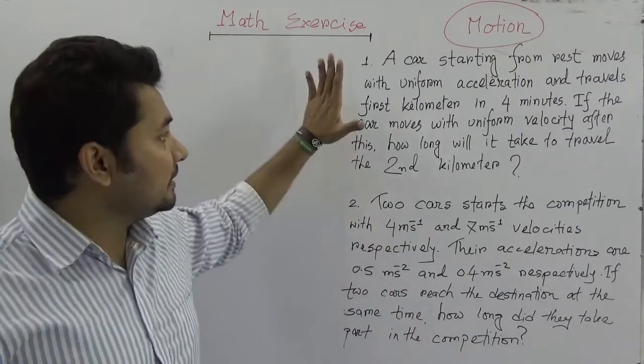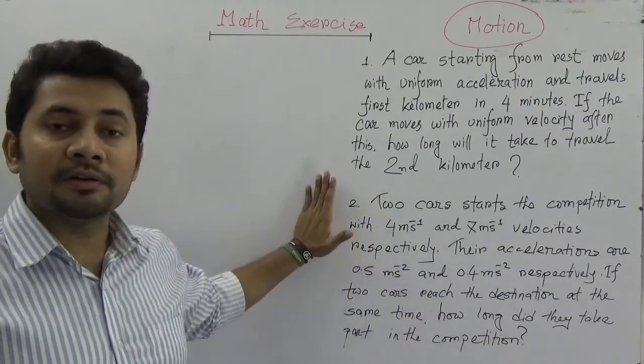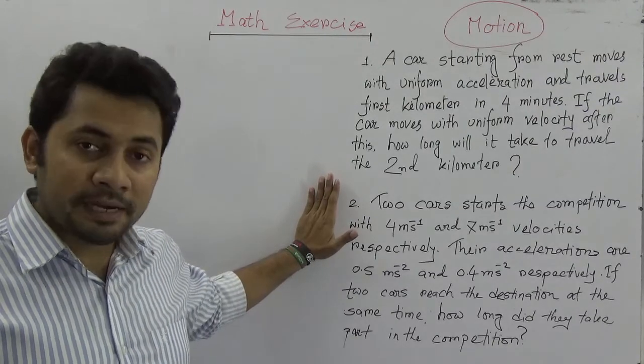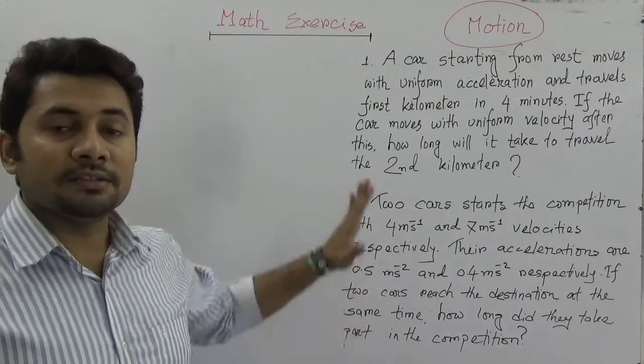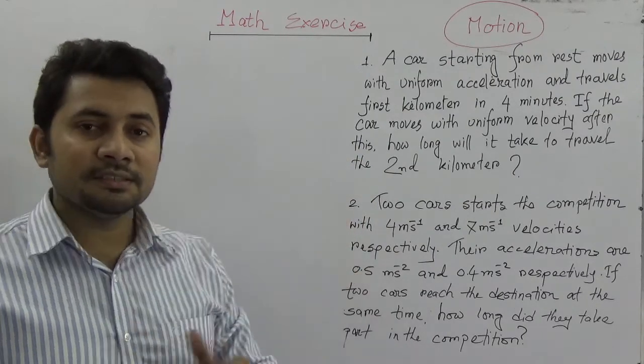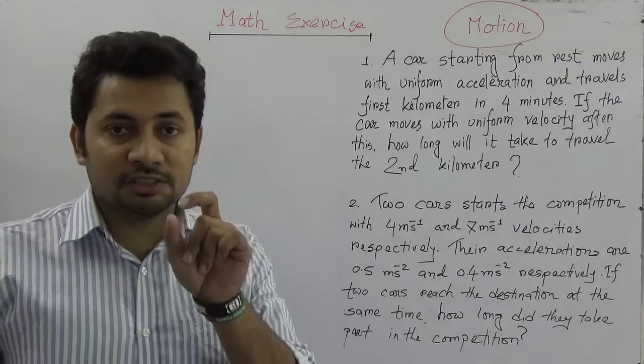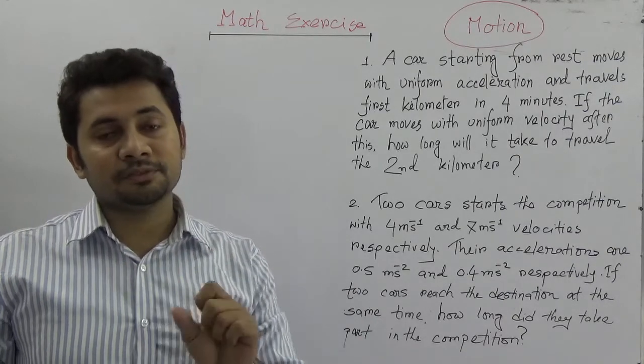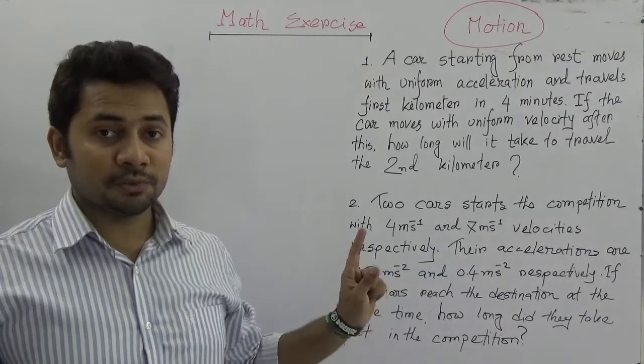This type of question is already in your book, but you need to practice a lot on this chapter's mathematics. So I shall upload a series of classes on this chapter's mathematical problem solutions, and this is the first one.